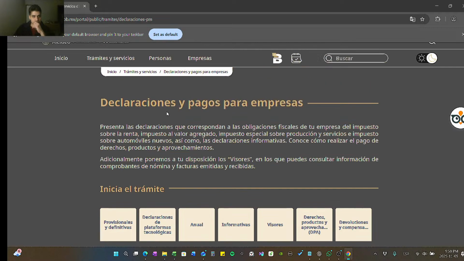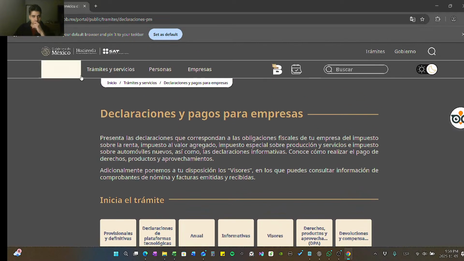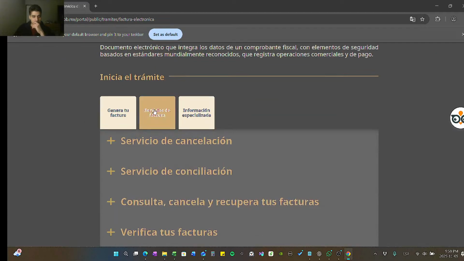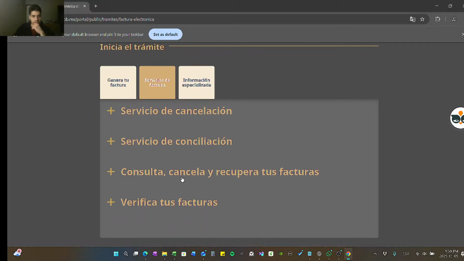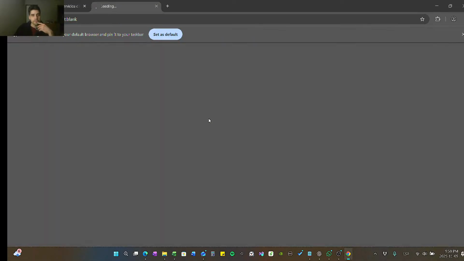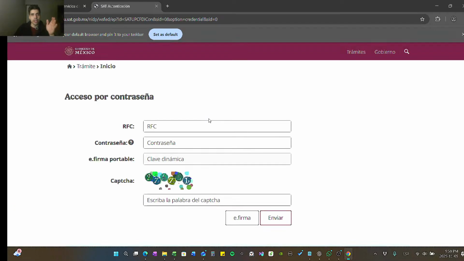Anyways, so right now what I have to do is to go to invoicing and then invoicing services. And then I need to go to the platform where I issue, cancel, and retrieve invoices, aka XML files.